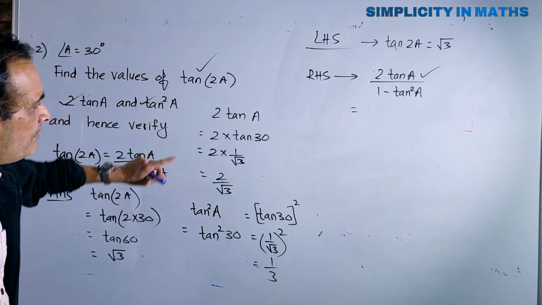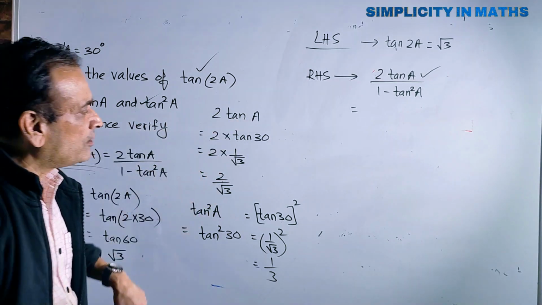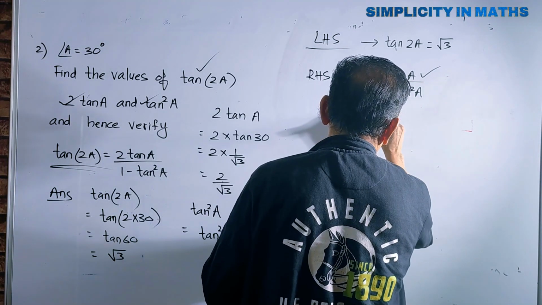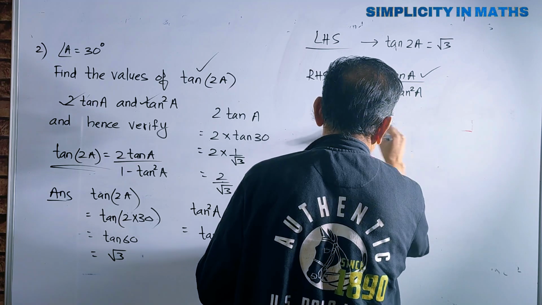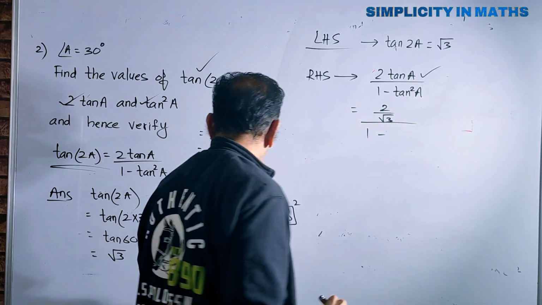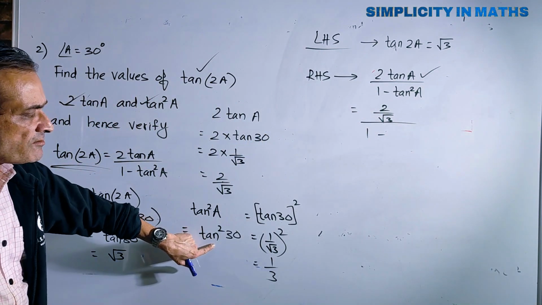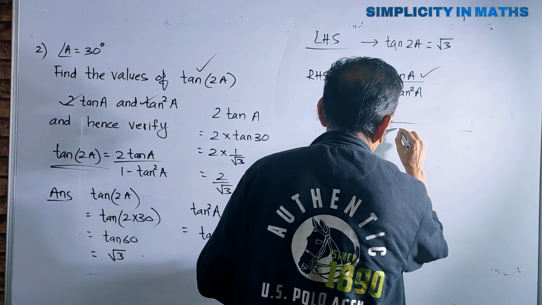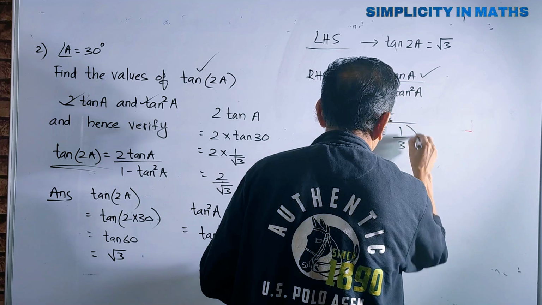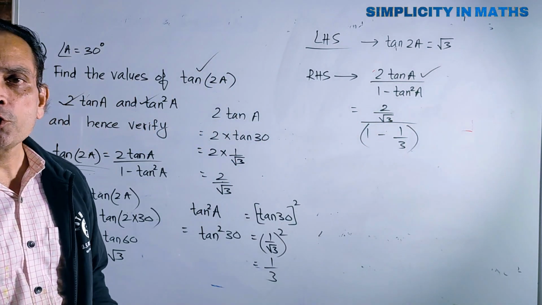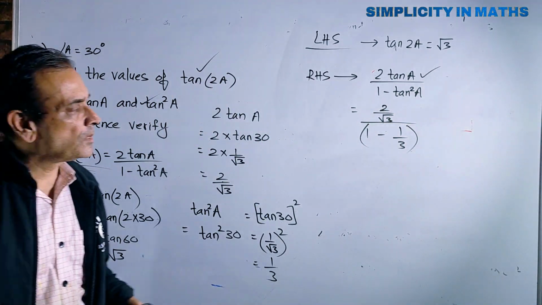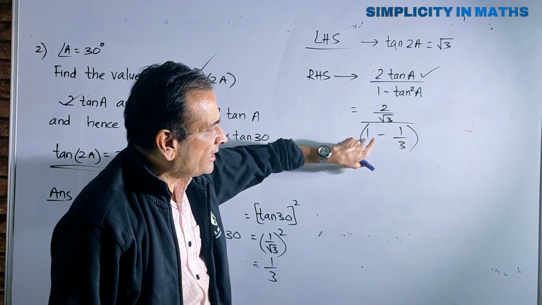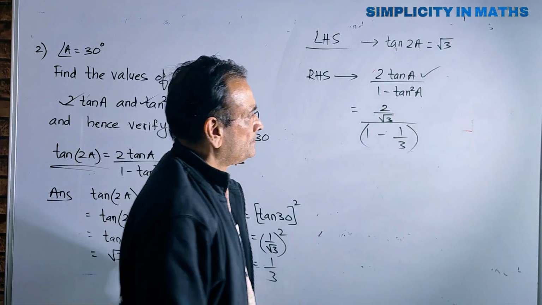The value of 2 tan A we have: 2 tan A is 2 by root 3. 1 minus, the value of tan squared A we also have: tan squared 30 is 1 by 3. How do you simplify this fraction? First, let us simplify the denominator: 1 minus 1 by 3.